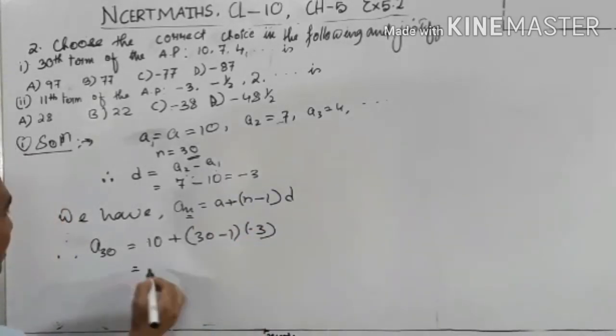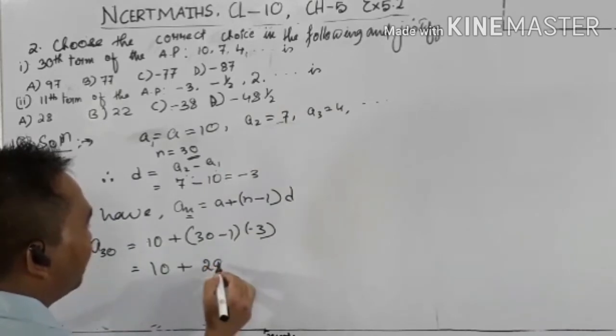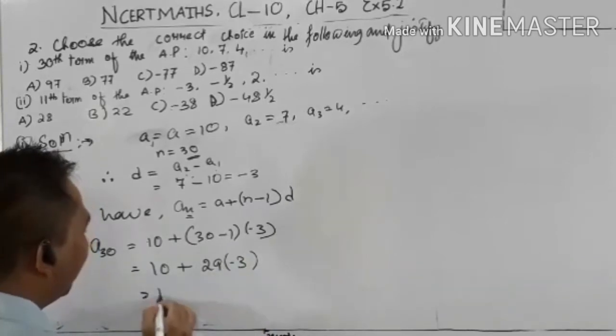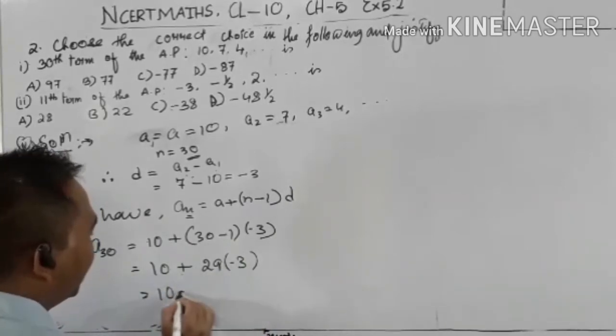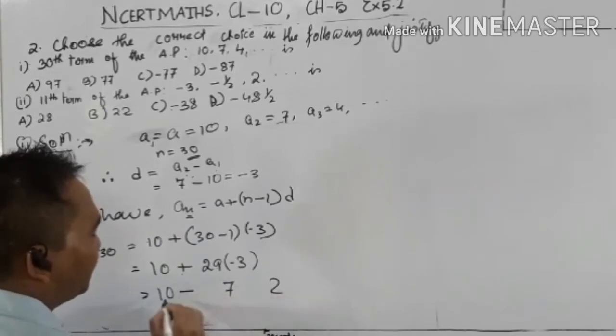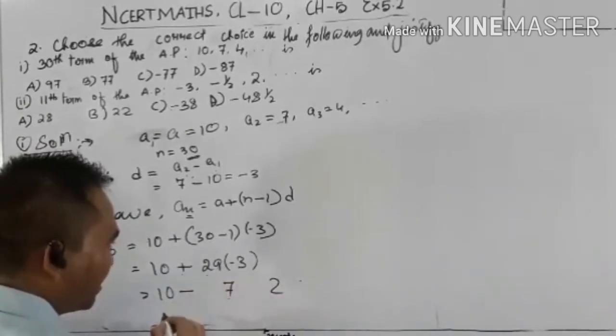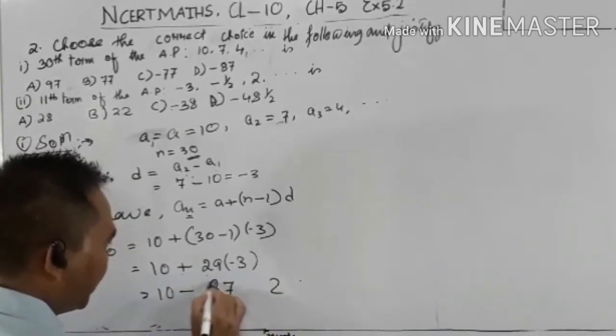So here, 10 plus, 30 minus 1 is 29, right? 29 times minus 3. Plus into minus is minus, right? 3 nines are 27, 7 and 2 in hand, and 2 threes are 6, 6 plus 2 is 8, so 87, correct?